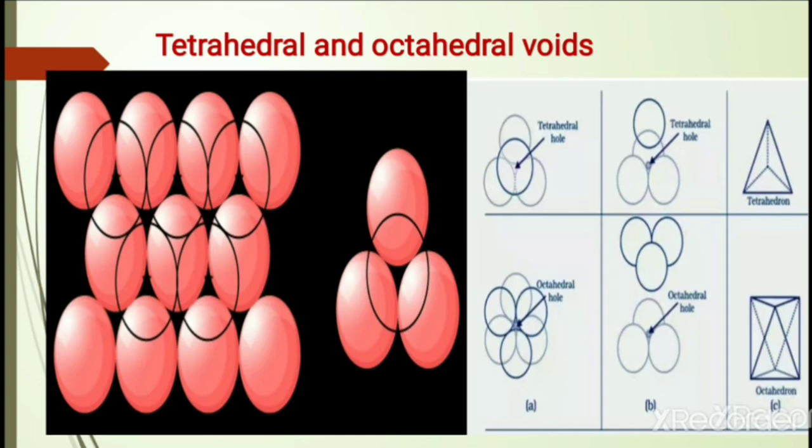The octahedral void has three atoms below and three atoms above, placed alternately. Then the structure of the octahedral void is like this. It is surrounded by 6 atoms.